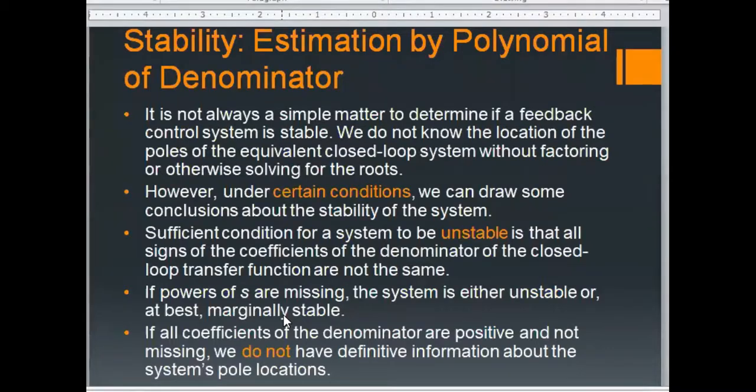If any power of s is missing, your system is not stable; it may be unstable or marginally stable. But if all the values are positive and no powers of s are missing, it could be any case: stable, unstable, or marginally stable. You can determine this from the polynomial.